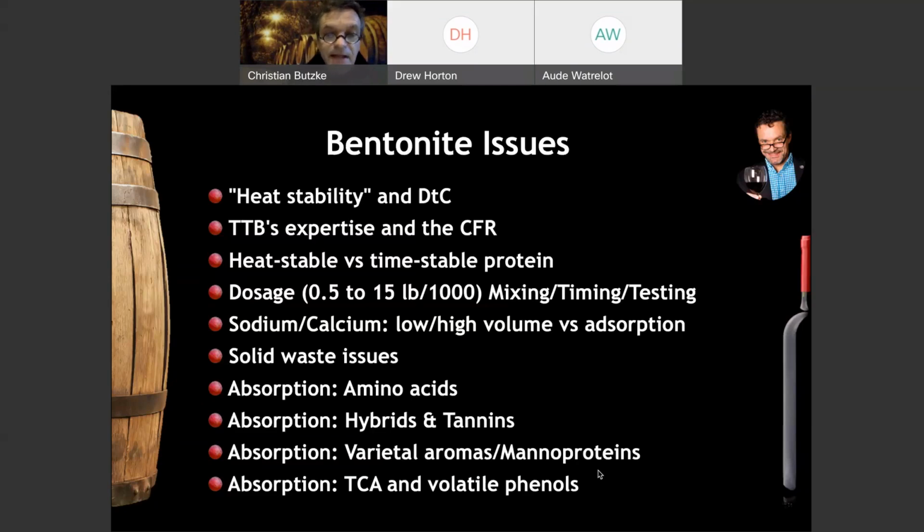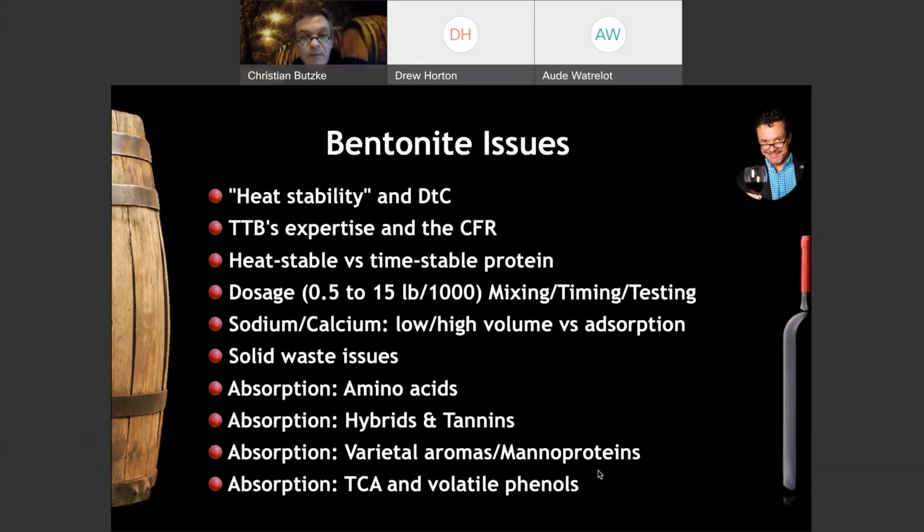It's a little bit like the color in Pinot Noir, only a very small fraction of Pinot Noir color pigments end up in the finished wine. So the same is true with hybrids and their tannins, and the idea about self-fining, that the hybrid proteins are taking out their own tannins, became a point of discussion, and I think it still is.